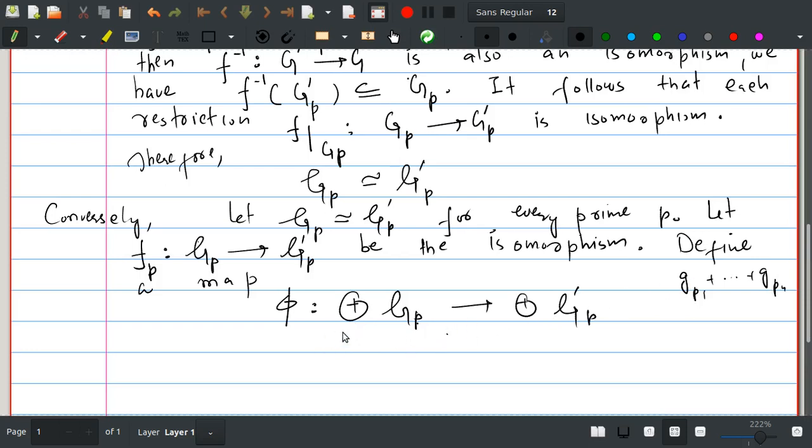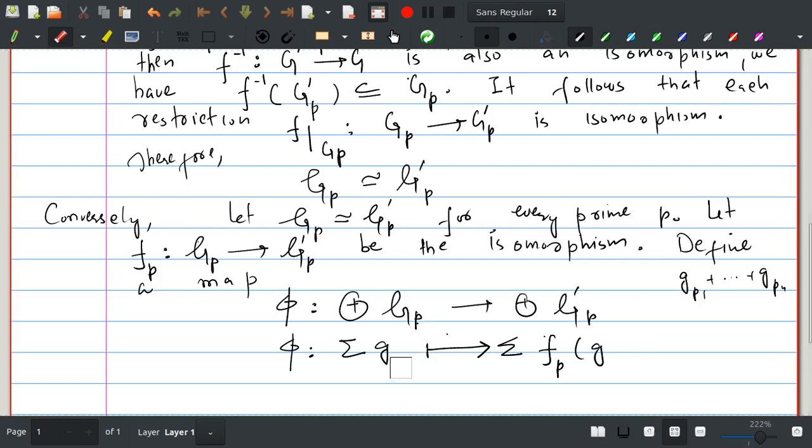So phi takes an element of the form sum of these g_pi's to the sum of f_p of g_p, since from each G_p to G prime_p we have a map f_p.